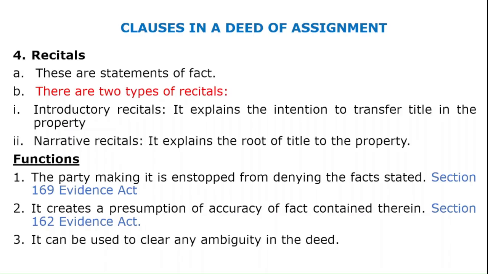So if there is a mistake in how the addendum clause was drafted, because the addendum clause is very important, it lets us know whether you are really giving everything or just part of your interest. Let's even say that there is no ambiguity. We would use the recital to clarify that ambiguity.